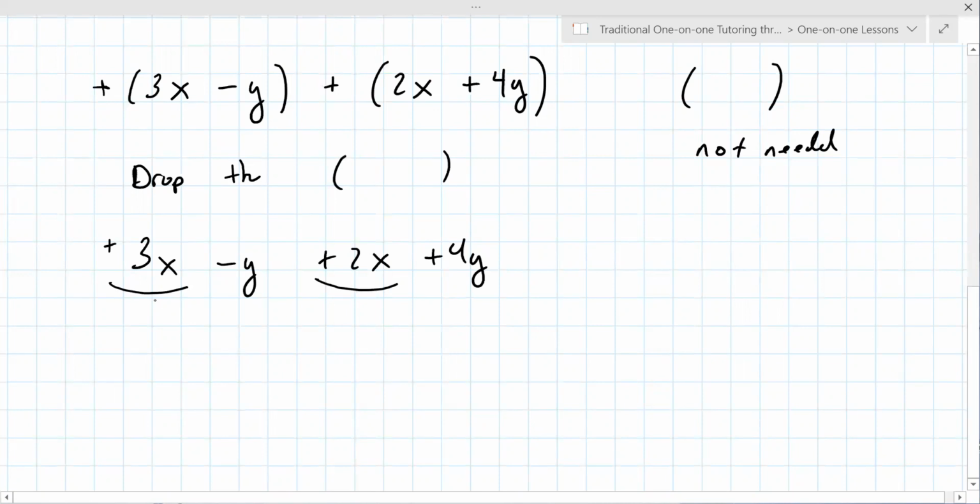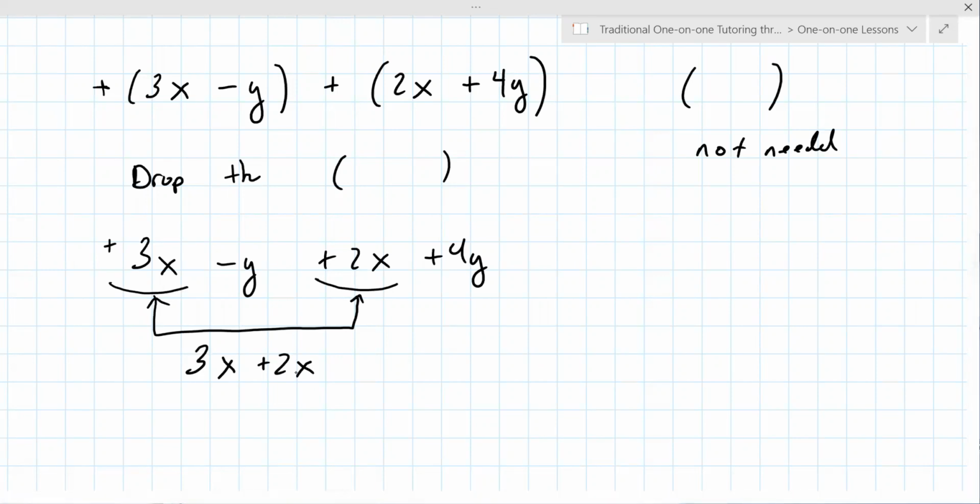Now, notice that in this problem the x's are separated because the y is kind of in the way, but you combine the ones that are common. So this is really 3x plus 2x. Do you see that? Is that unclear? Okay, so what is 3x plus 2x? It's 5x. Good. Now this negative goes with the y.